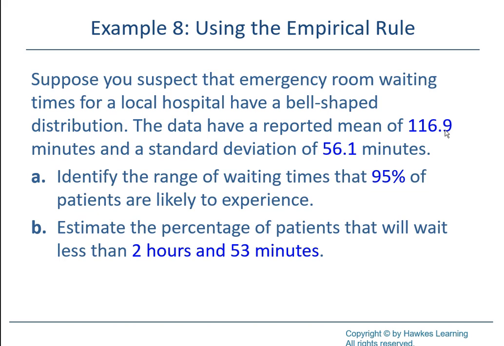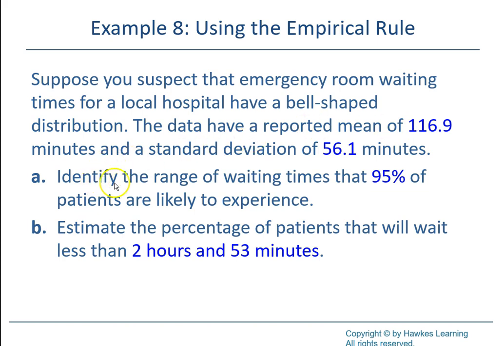Now, they could have had nice whole minutes here, but they're giving you the decimal. And the standard deviation of 56.1 minutes. So that means 68% of your population would be within 1 standard deviation, adding this to that and subtracting this from that.